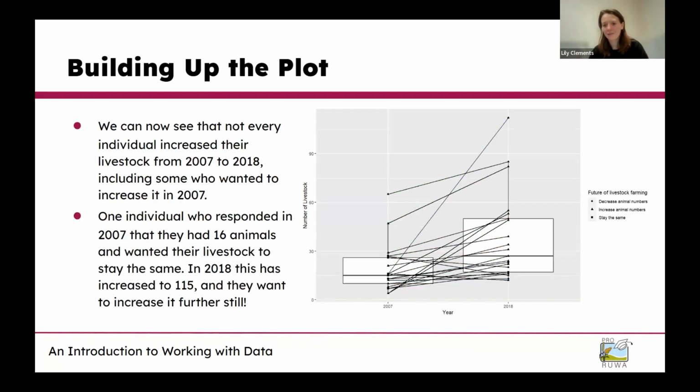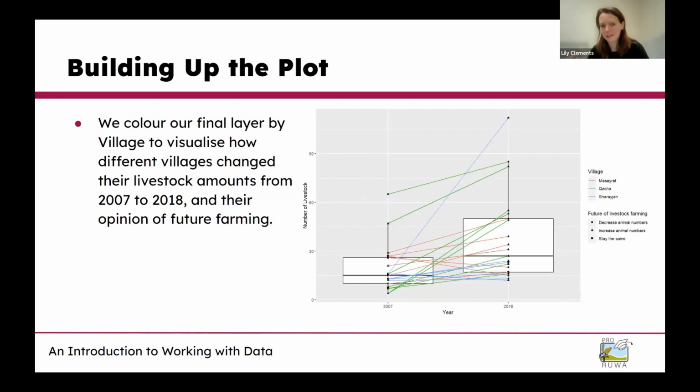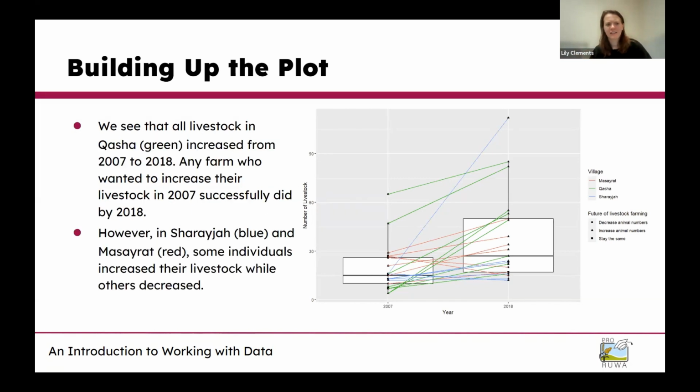We can add another layer. So now we can color it by the village. And by doing this, we can see how the different villages have changed relative to each other. Did one village tend to increase? Did one village tend to decrease? Questions like this. So in Keisha, which is our green line, all livestock increased from 2007 to 2018.